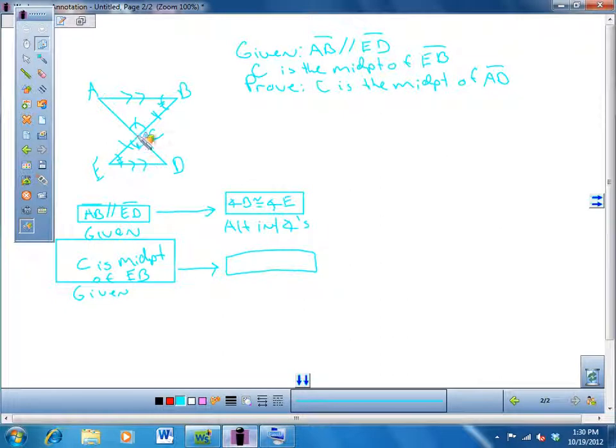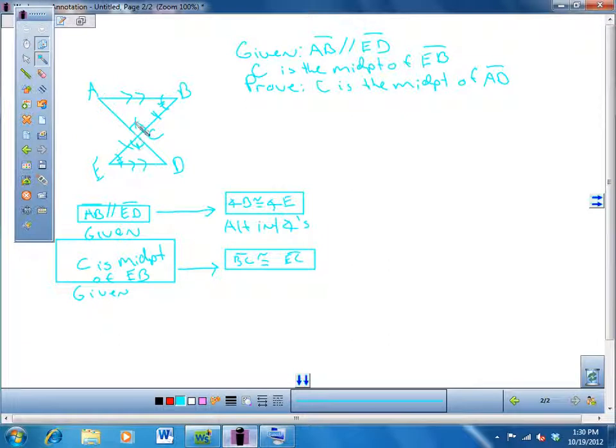C being the midpoint allows me to conclude that BC is congruent to EC, right? And then I used a third piece of information to show that my triangles are congruent. What's the third piece that Allison, or who came up with this back here?